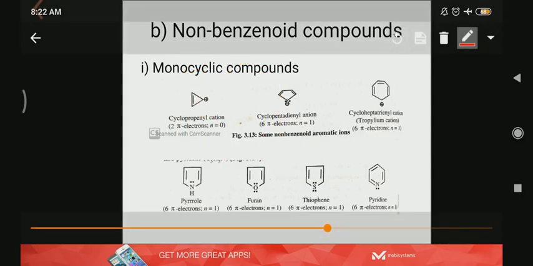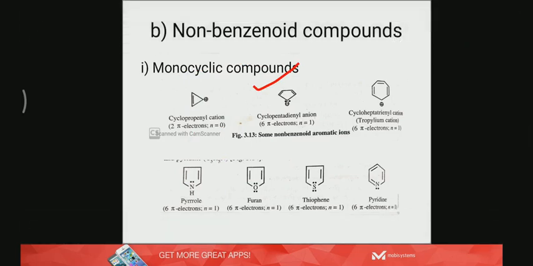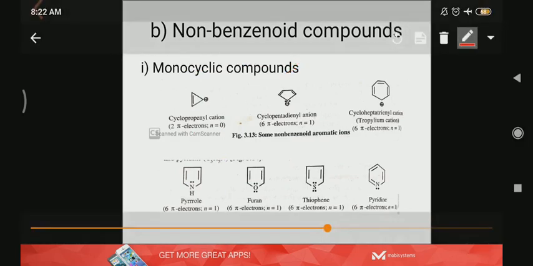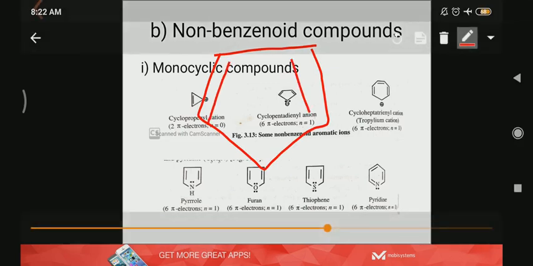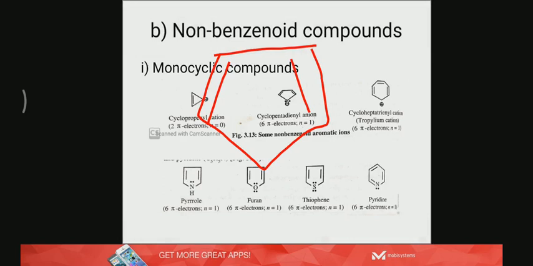Now the next one, a 5-membered ring, you can see the example given here. Cyclopentadienyl anion. See, it's not a cation, it is an anion. The compound is cyclopentadiene, a 5-membered ring with 2 pi bonds. This is not aromatic. Why? Because it is not a Hückel number. But this can be made aromatic, not by introducing a positive charge but a negative charge.